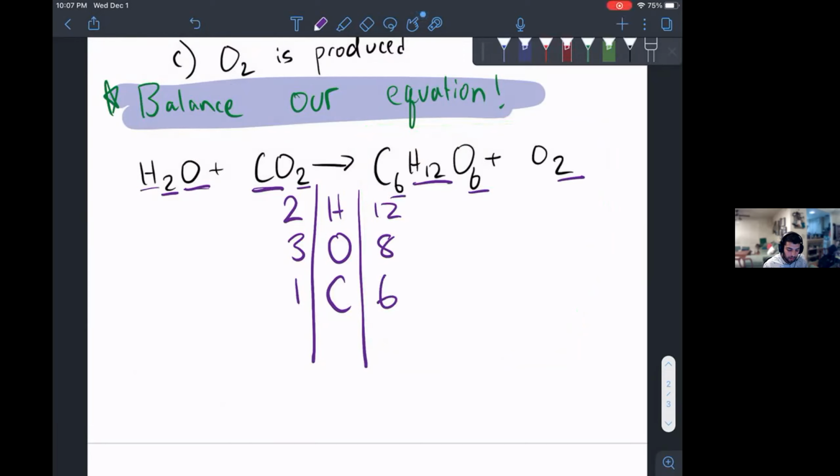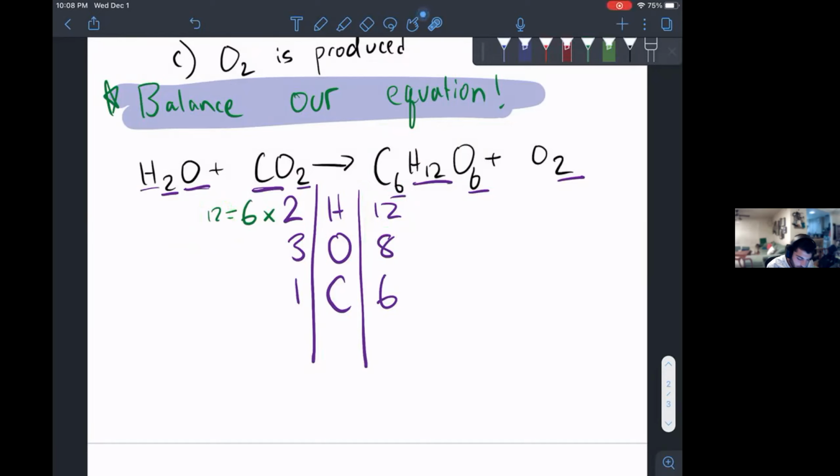As I balance, I like to balance first from the top and work my way down. And what we're going to do is look at both sides and figure out which one can be multiplied by any number to get the other. So what do I mean? Well, 2 can be multiplied by 6 to get 12. And that would make our hydrogens balance because 12 and 12 are the same number.